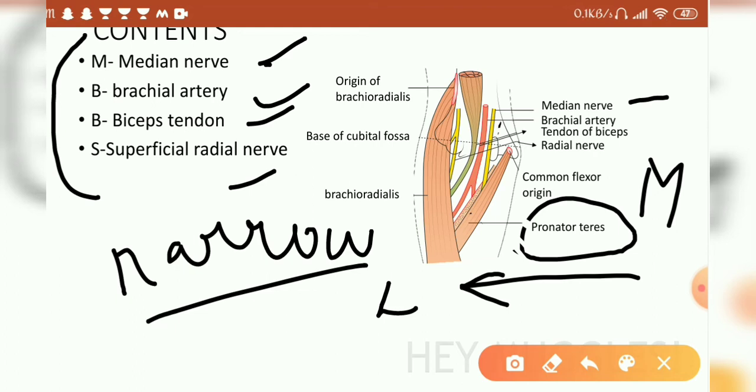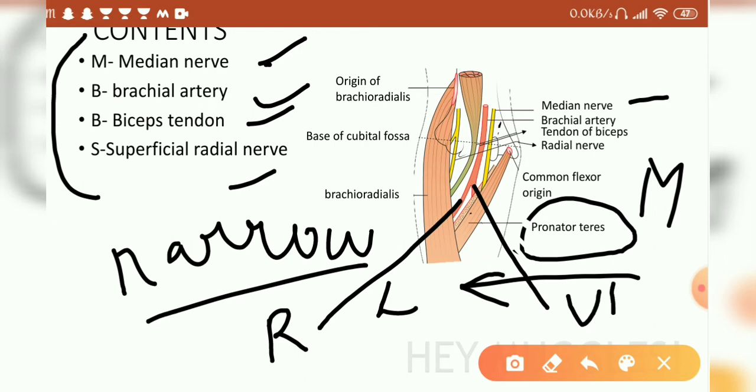That is your radial artery and your ulnar artery. The radial artery is a superficial artery and the ulnar artery is deep and it passes deep to pronator teres muscle. So this is your radial artery and this is your ulnar artery, right?